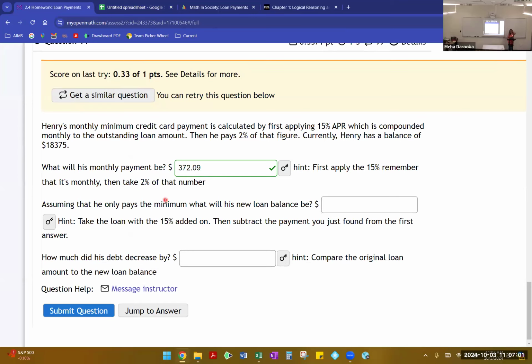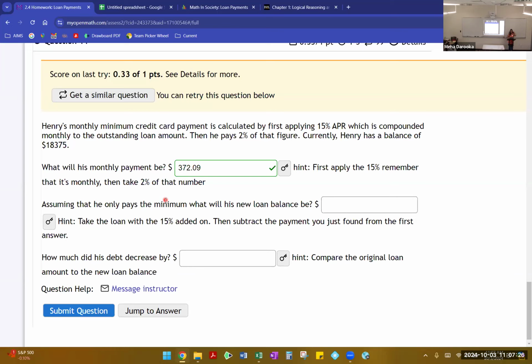Now that I'm thinking about this, at an $18,000 balance, you are going to have a pretty big chunk of monthly payments. Otherwise, how are you going to pay off that loan if you kept doing $33, which is what we got before? So it makes sense that you would have pretty hefty payments. It's a pretty large amount.